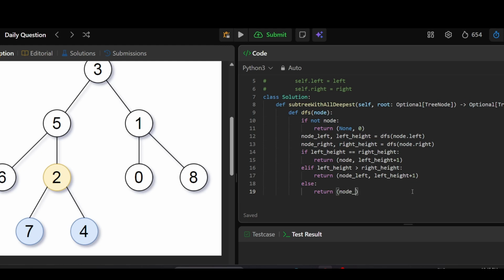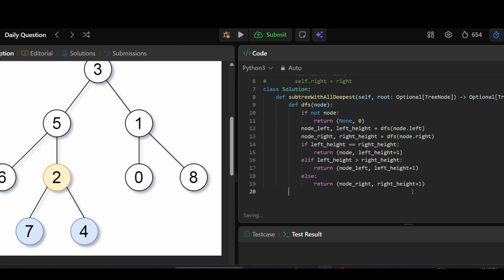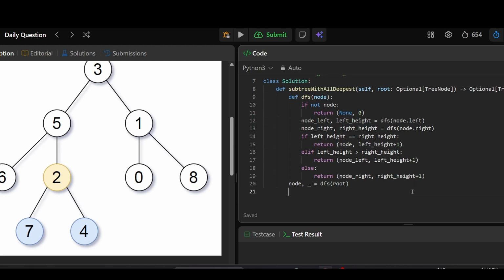We return the right node along with the right height plus 1. And I hope I've covered everything. Now we need to call DFS initially and store what node it is exactly, which is DFS on root. This is where we are calling it. I hope this is the solution.